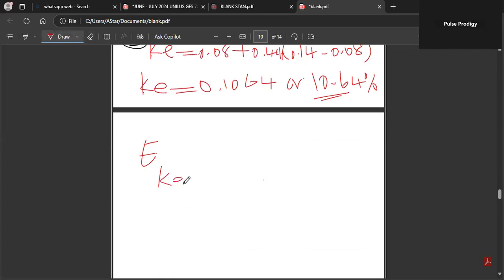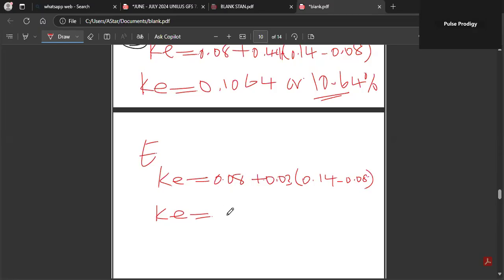So KE is equal to 0.08 plus 0.03 on 0.14 minus 0.08. So we can find the KE. Okay, so 0.14 minus the 0.08 by 0.03 and plus the 0.08.